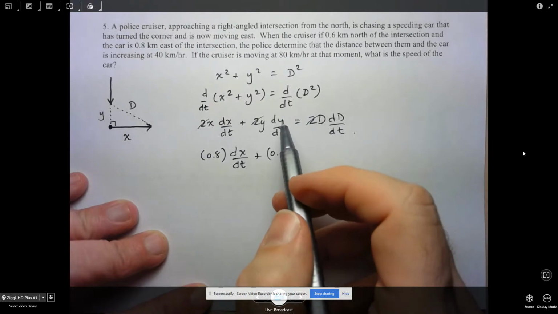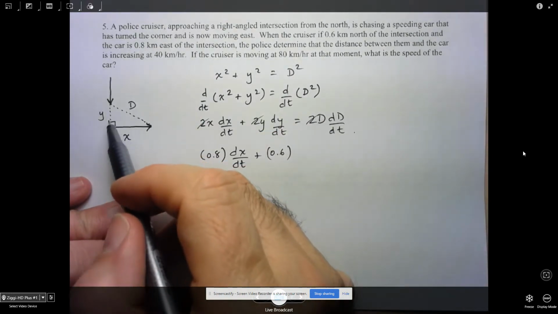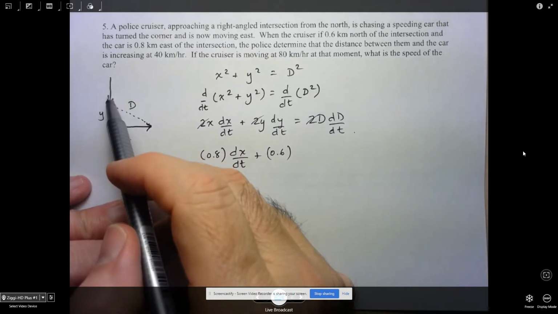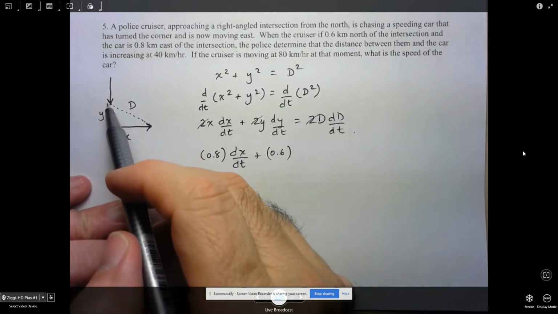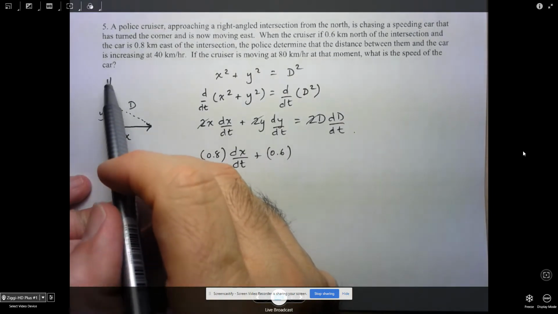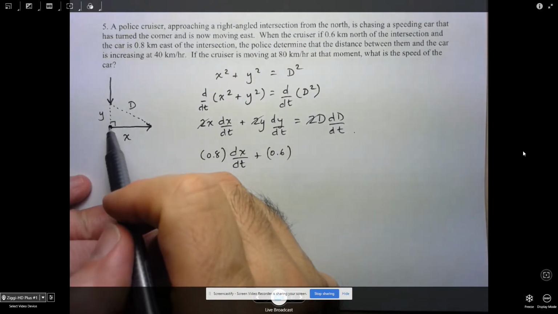dy/dt represents the rate of change of this distance. This is where we have to be careful, because while the police car is moving in that direction, what y represents is not the distance traveled by the police car, it's the distance between the police car and the intersection.